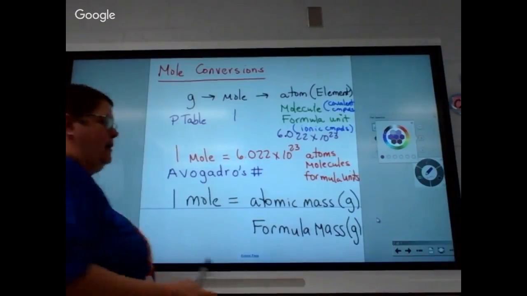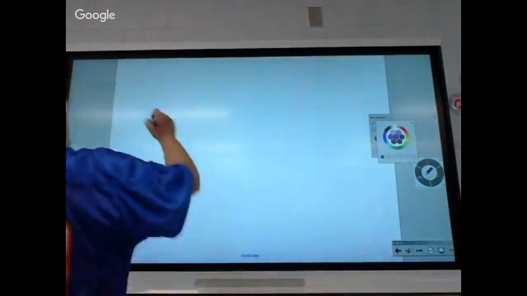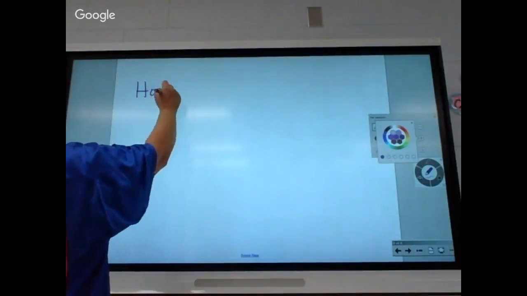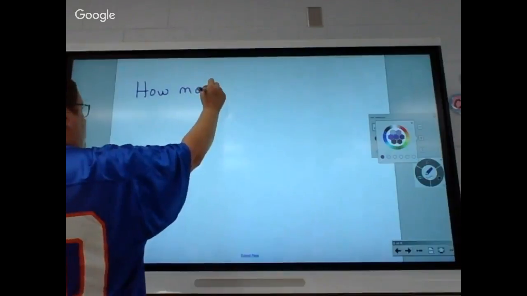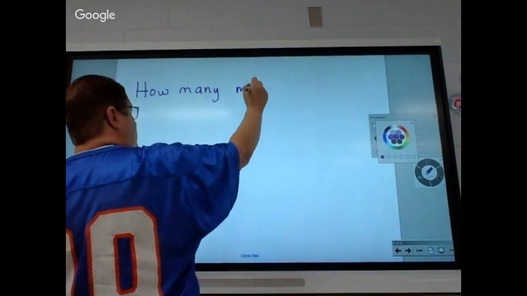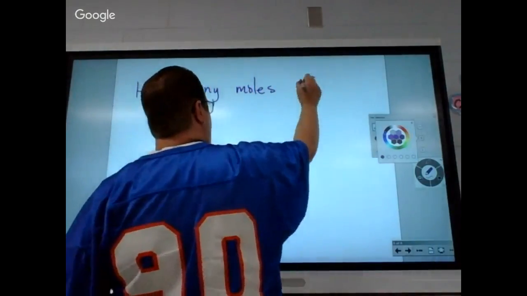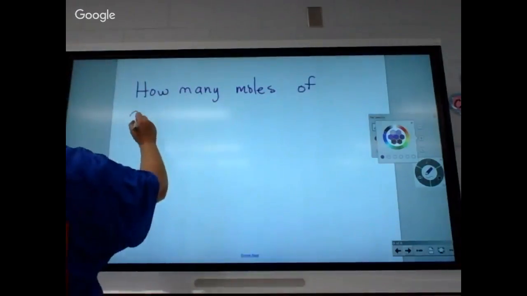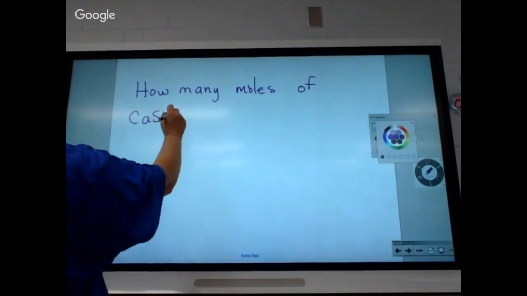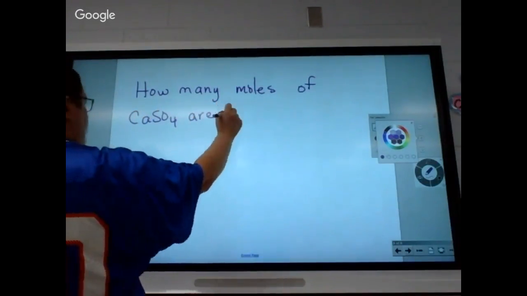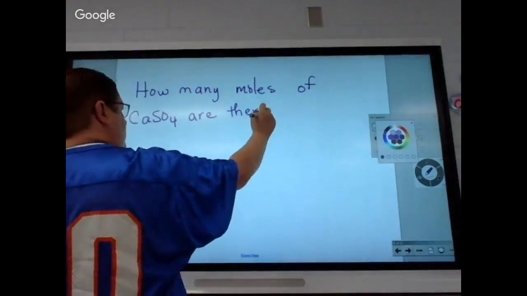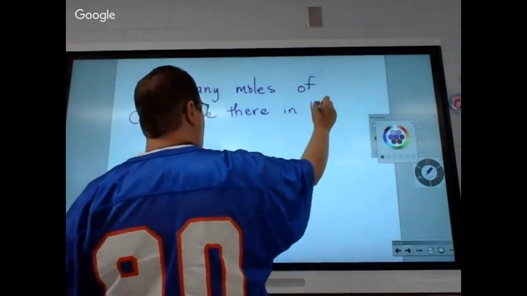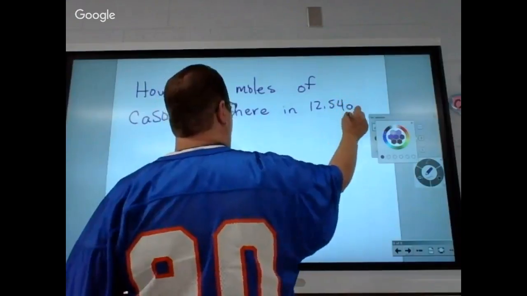So let's say that we do a problem and it says how many moles of calcium sulfate are there in 12.54 grams.